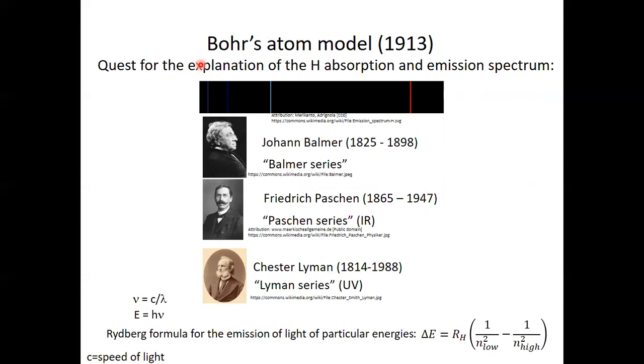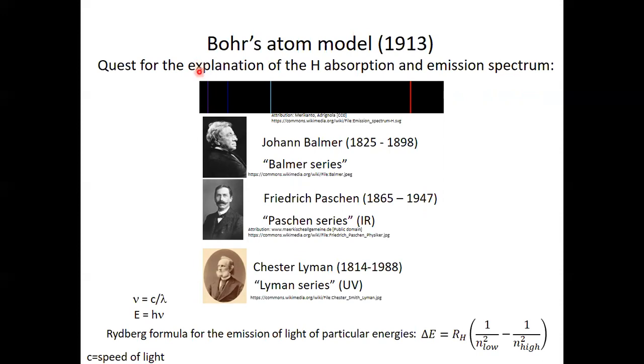Okay, so atoms, as it was found, could actually absorb and emit electromagnetic radiation, but if they do, they only absorb or emit electromagnetic radiation of very discrete frequencies. And which frequencies could be absorbed or emitted would depend on the atom type.